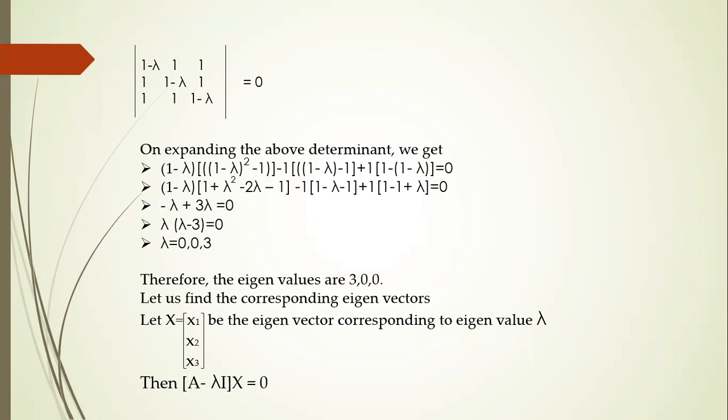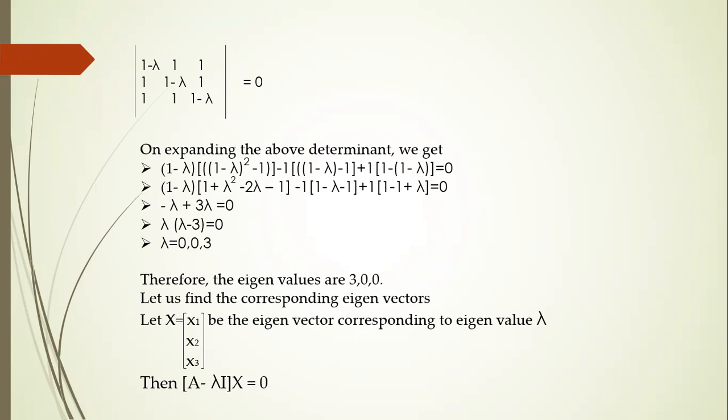On expanding the determinant, we get (1 minus lambda)[(1 minus lambda)^2 minus 1] minus 1[(1 minus lambda) minus 1] plus 1[1 minus (1 minus lambda)] = 0. By solving this, we get further simplified terms.